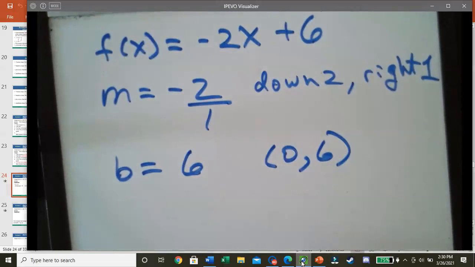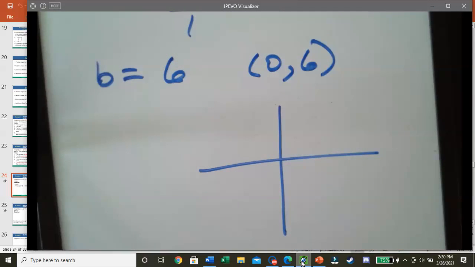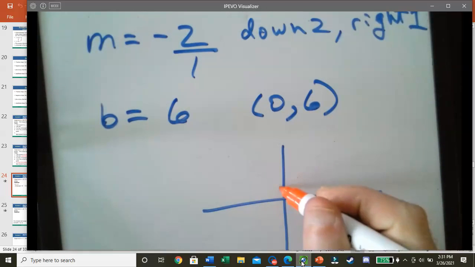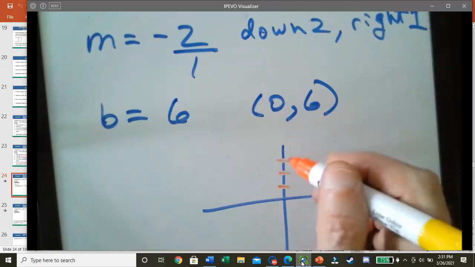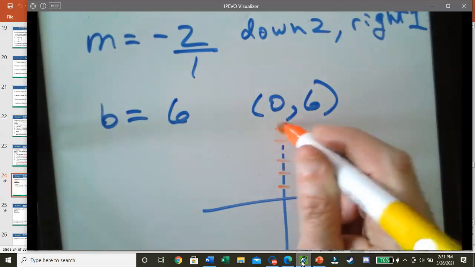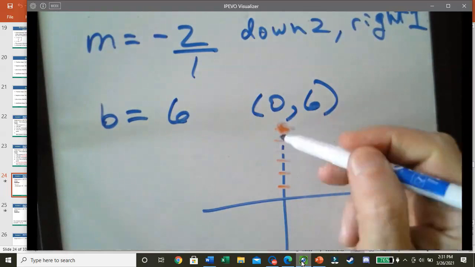Questions so far? Okay, so just draw x and y axes on there. You're going to start with your y-intercept. Since it's a positive 6, you're going to go up 6: 1, 2, 3, 4, 5, 6. So you're up here at 6.